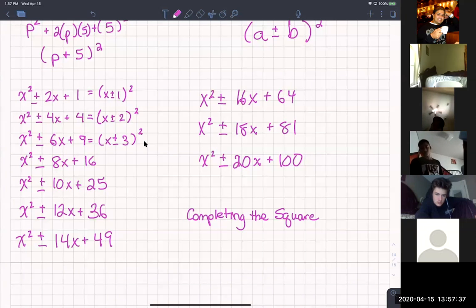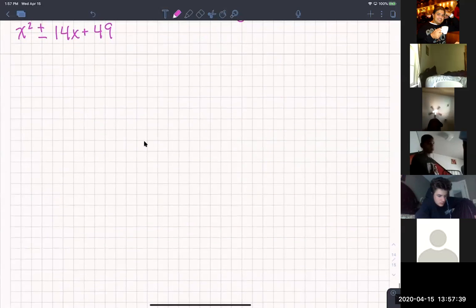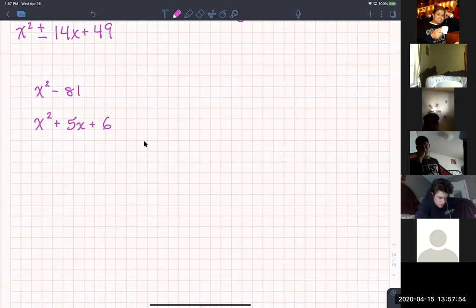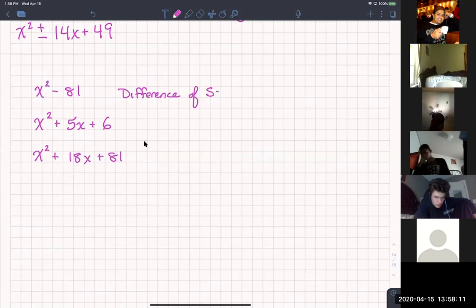So when you encounter different quadratics, you should be able to tell me what type of quadratic you're dealing with. Well, this is a difference of squares. This is just a regular quadratic that you're going to factor the normal way.